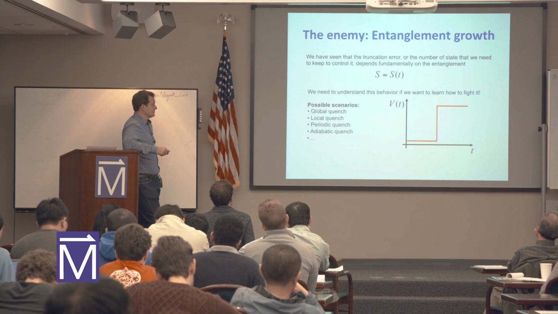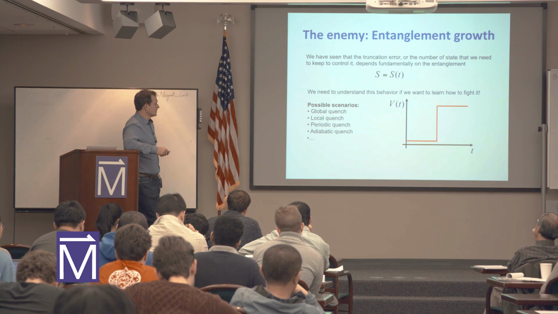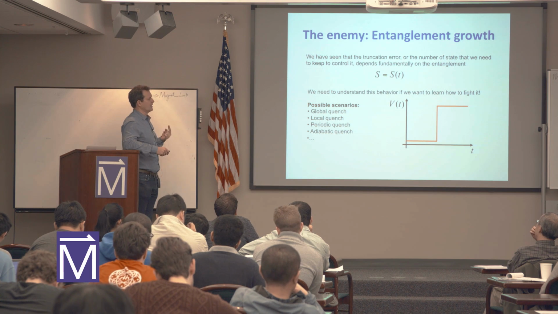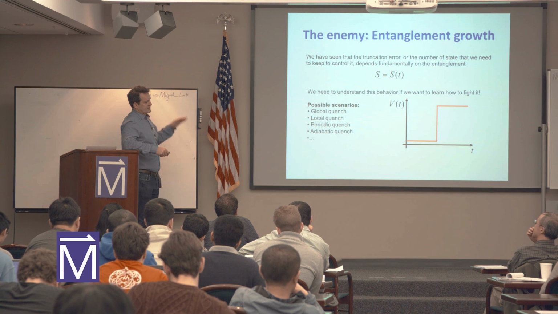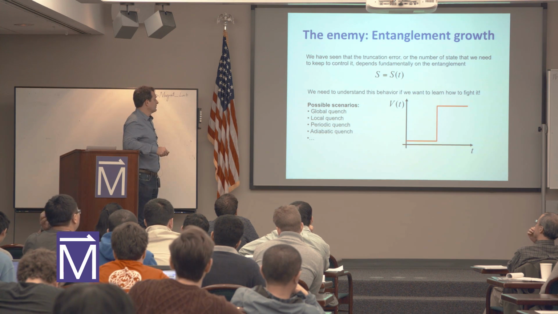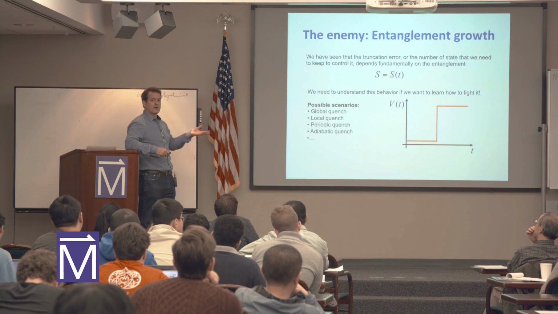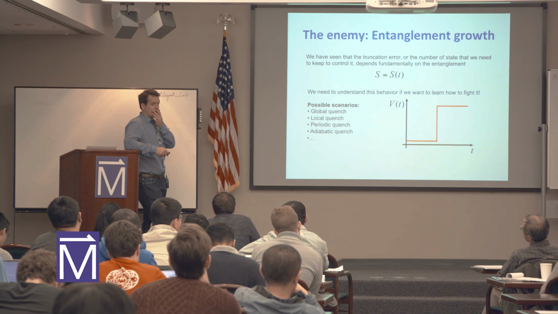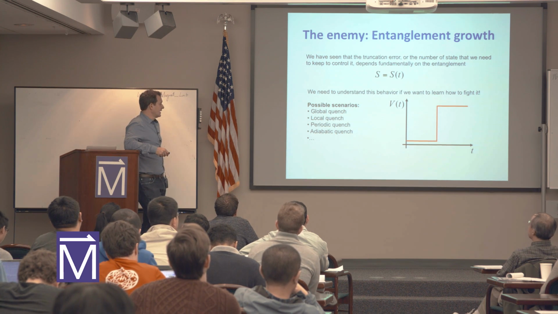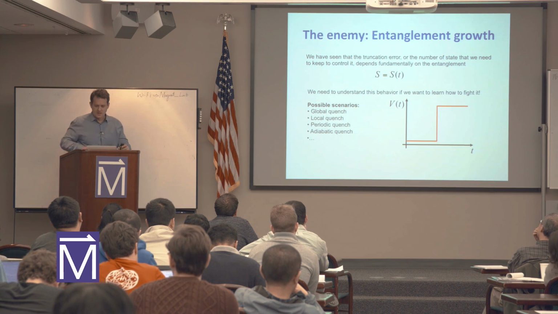You can do a global quench, where you basically change globally a parameter in the Hamiltonian. You can do a local quench, where you apply a local perturbation in one site or a few sites. You can do a periodic quench, like a Floquet, a periodic perturbation, or an adiabatic quench. An adiabatic quench is basically where you ramp up some parameter in the Hamiltonian adiabatically, and you're always close to the ground state. In that case, the entanglement in principle won't grow if you go slowly enough, because in the ground state you always have an area law.